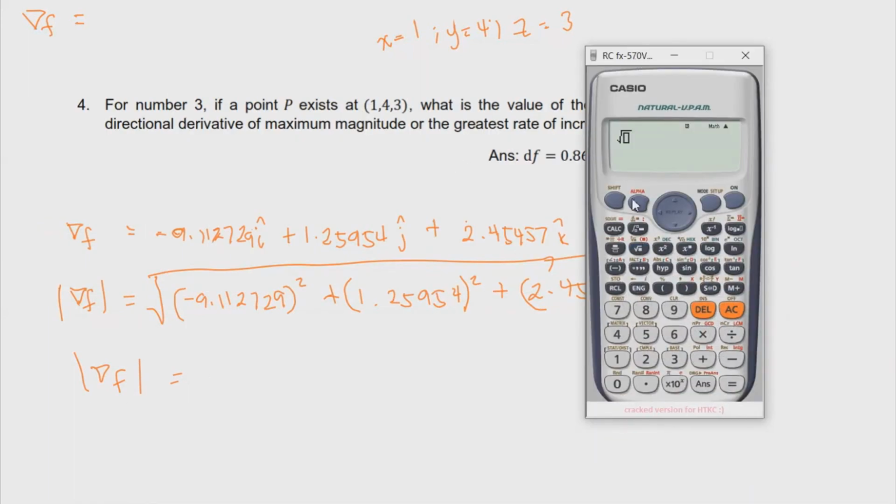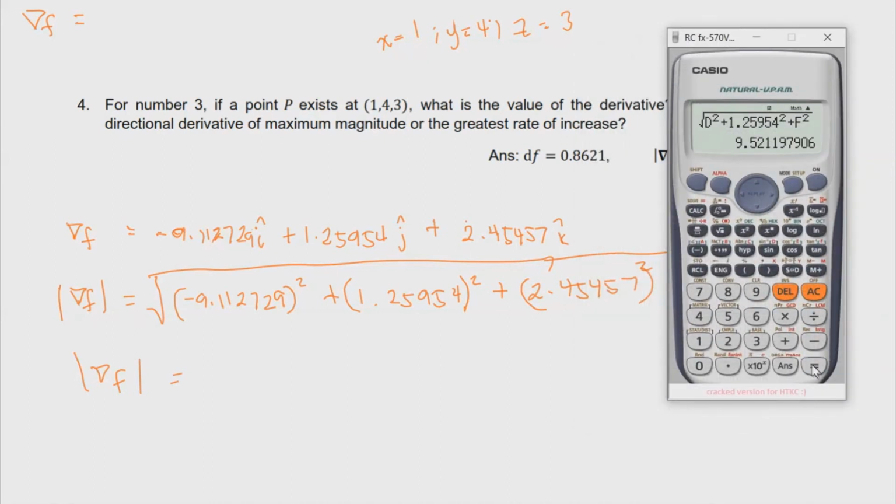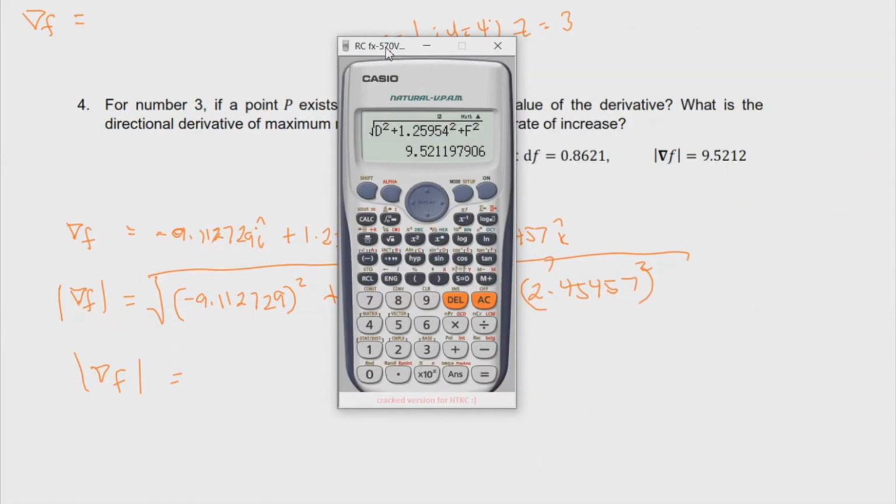I hope that rounding this second term will not give us a really different value. That's squared, and then plus, it's not actually a, I think I stored that at D, and the other one is at F. Alpha F squared, because the one is supposedly stored in E. Anyway, we have 9.5212.